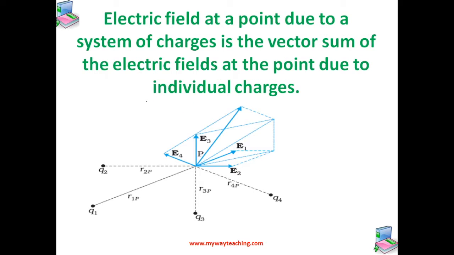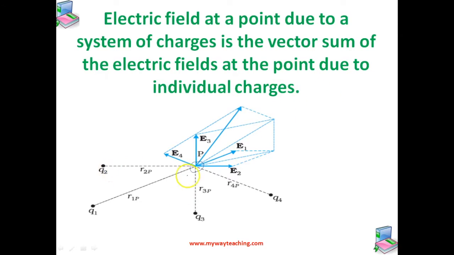You can see this figure. This is the electric field at a point due to a system of charges. You can see Q1, Q2, Q3 are all considered as a system of charges, and we are finding the electric field at a particular point P. And this electric field is nothing but the vector sum of the electric fields at the point due to individual charges.